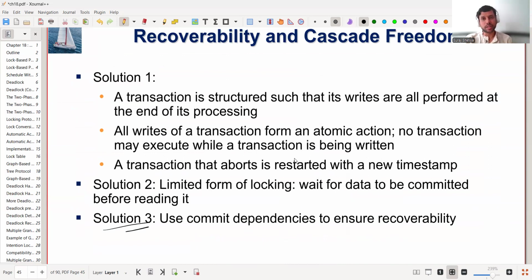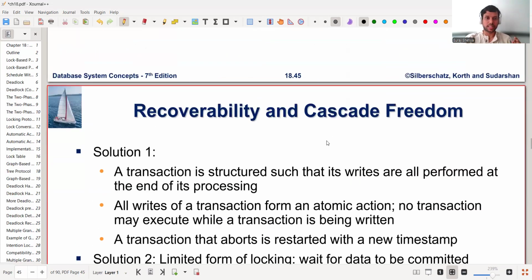Any question beyond this point will not be asked in your exams, only up to this part, the timestamp based protocols, will be asked.